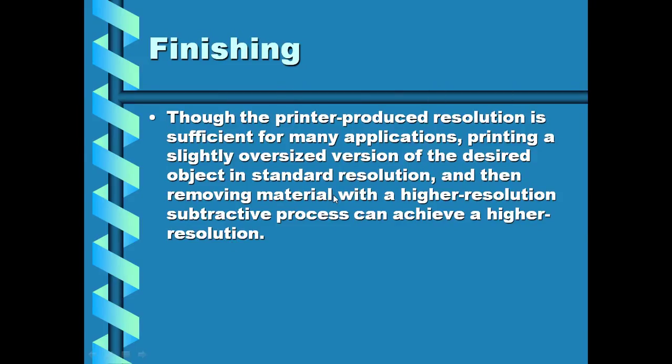And finally, once you receive the product, there is a finishing aspect. Though the printer's resolution is sufficient for many applications, printing a slightly oversized version of the desired object in standard resolution and then removing material in a higher resolution subtractive process can achieve higher resolution.